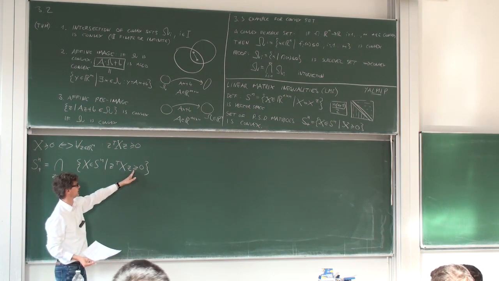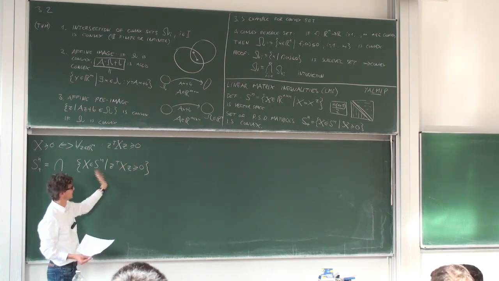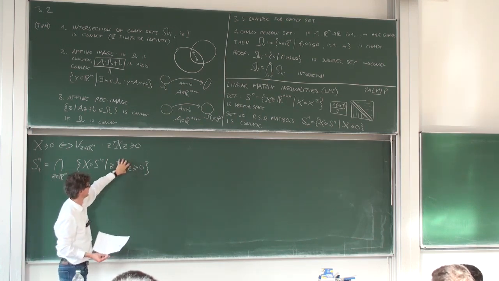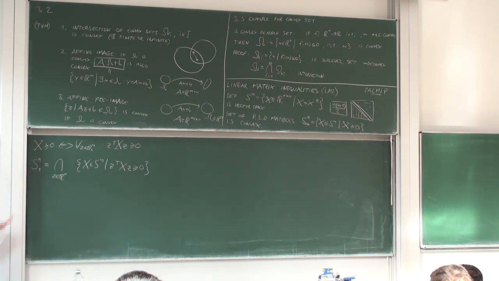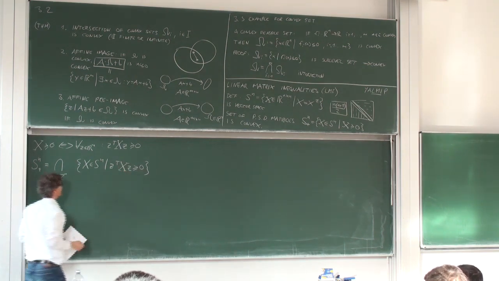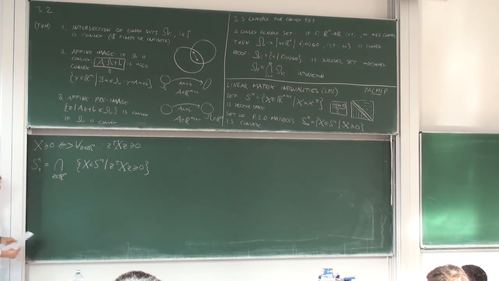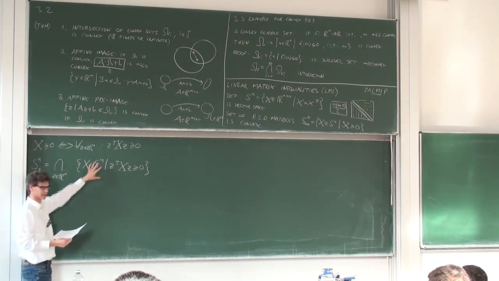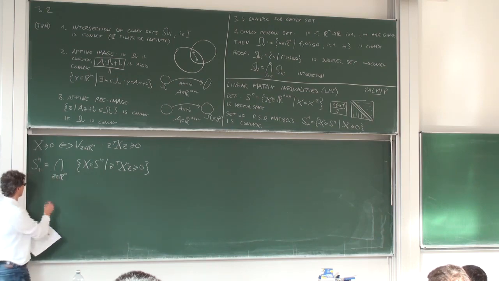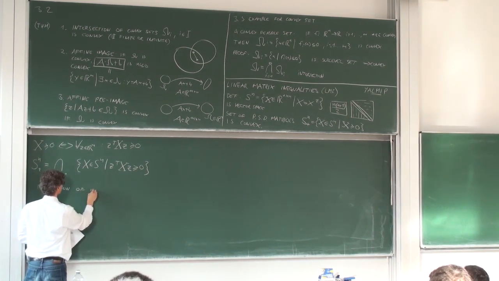It's actually a half space, because this is just one inequality which says that some linear function of X should be positive, so it's cutting away half the space in this high-dimensional interesting space of symmetric matrices. And then we intersect infinitely many of them for all z. So you see it is a convex set because it's the intersection of convex sets. It's actually the intersection of infinitely many half spaces.